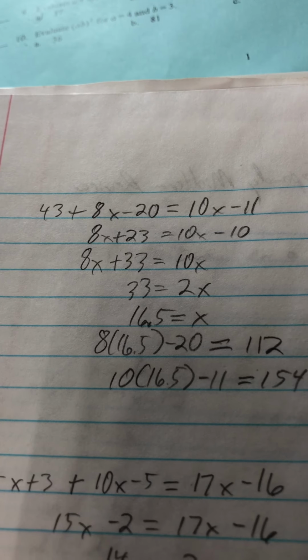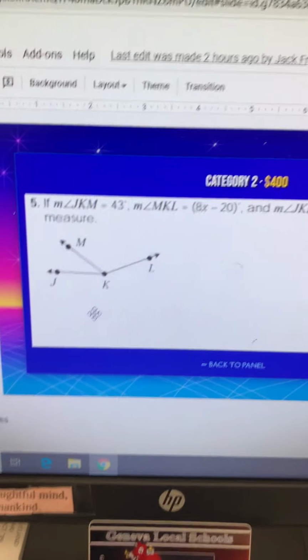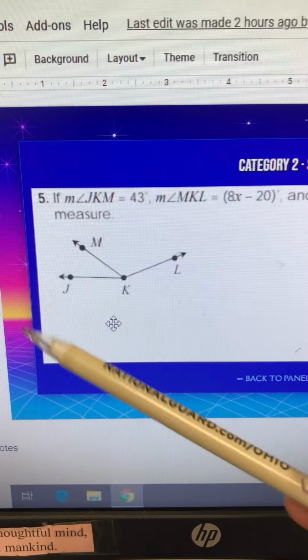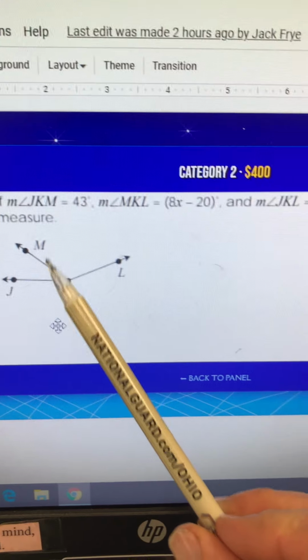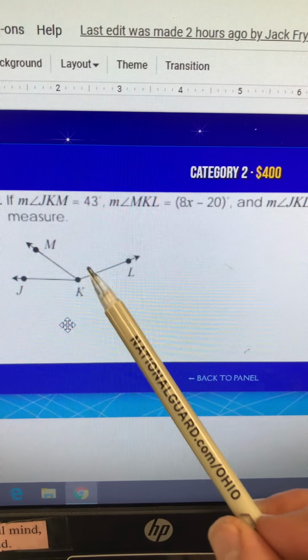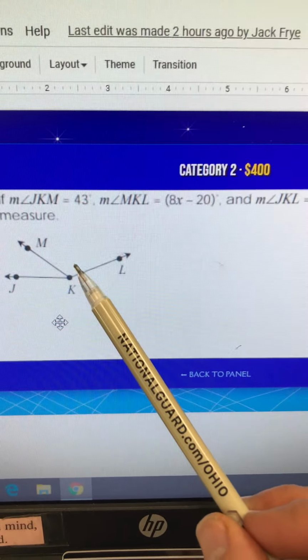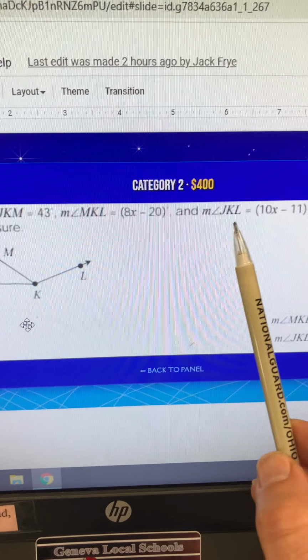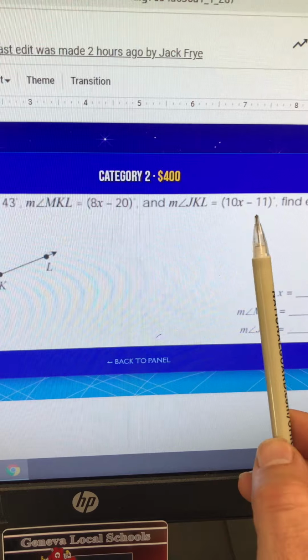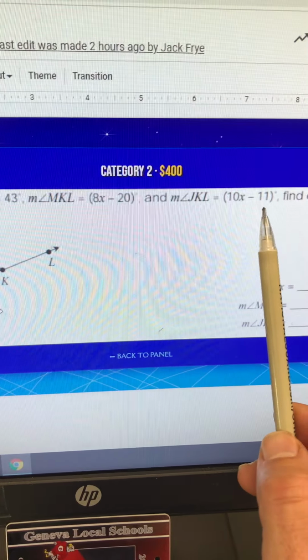Going on to number 9. We're looking at this diagram, which is JKM, so this small one is 43 degrees. MKL, this big obtuse one, is 8x minus 20. And the whole thing, JKL, the largest obtuse one, is 10x minus 11.